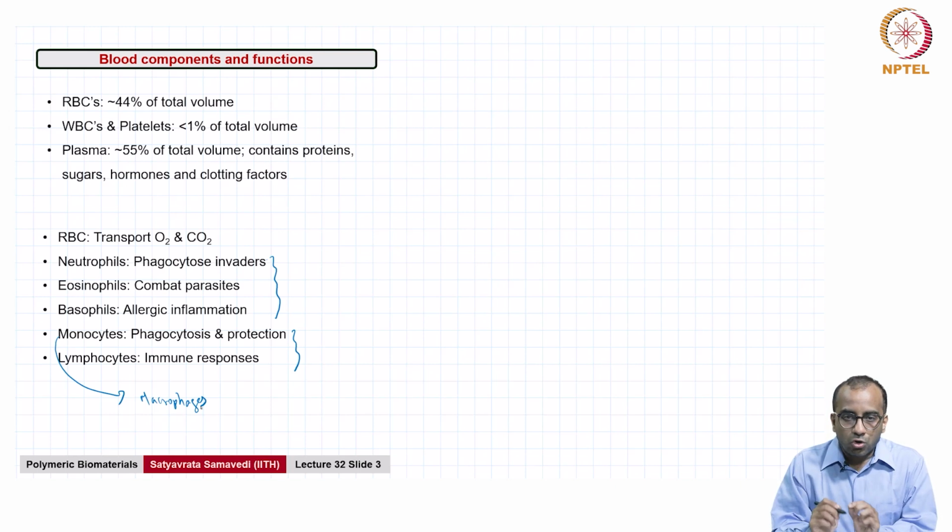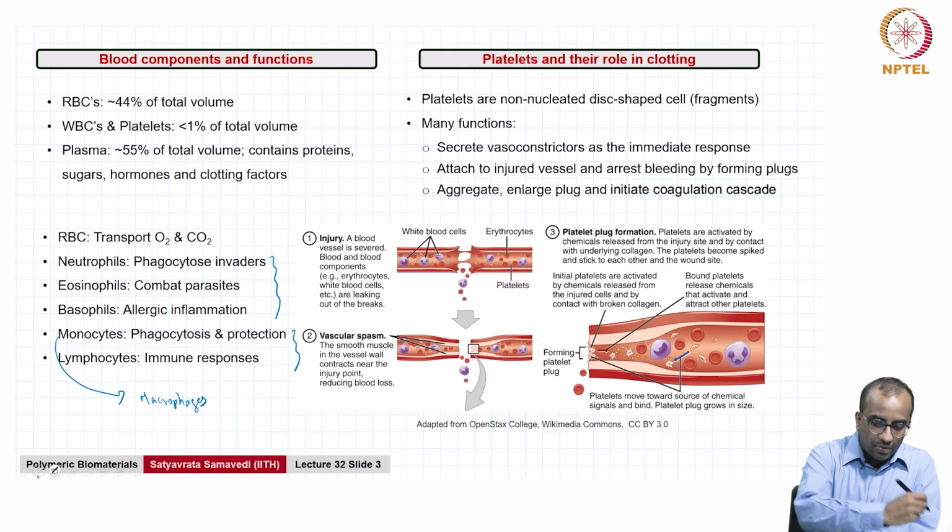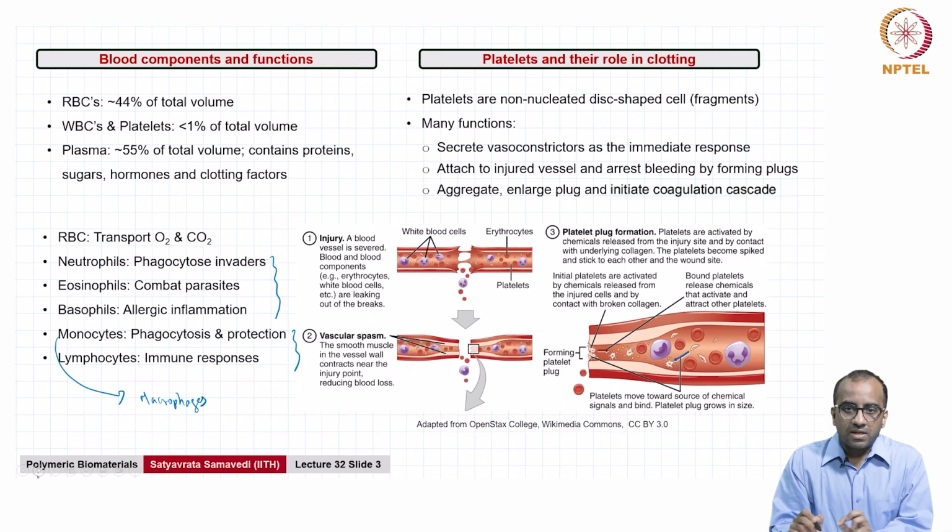So, that is a quick overview of the different types of cells present in blood and their broad functions. Now, one specific aspect of blood interactions that we are going to look at in today's lecture in some detail is the role of platelets and how they contribute to clotting.